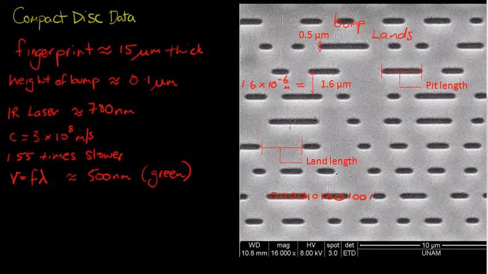Now, if you looked at how the laser looked on the bump, it'd be approximately this size. Sorry about my circle. And that straight up and down distance there is approximately 1.7 micrometers.